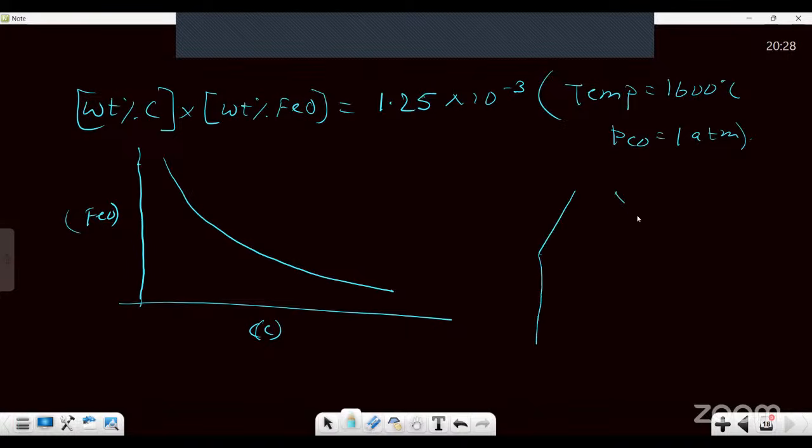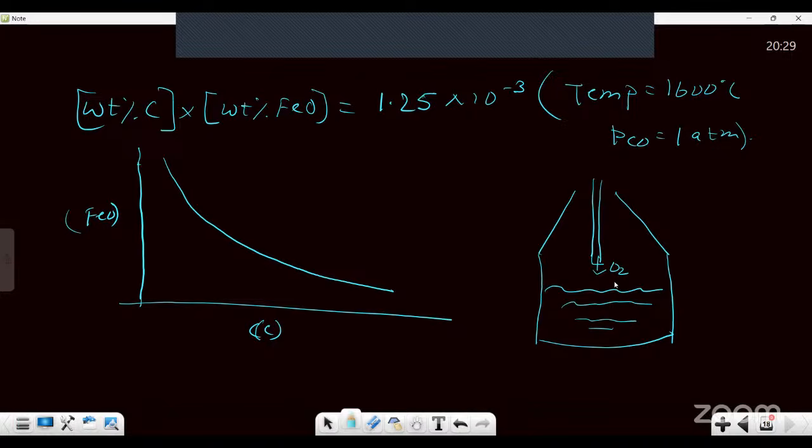Try and understand the physical meaning also. This is also important. So when I blow more and more oxygen into the system, suppose this is my hot metal, initially the oxygen percentage is less. But when I keep on blowing oxygen, the temperature is going to increase, because the oxygen will take part in many of the oxidation reactions.